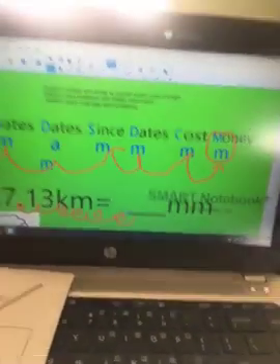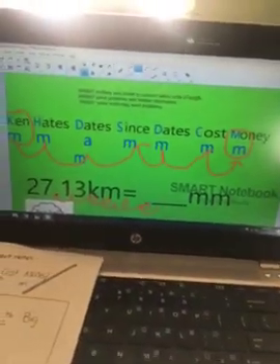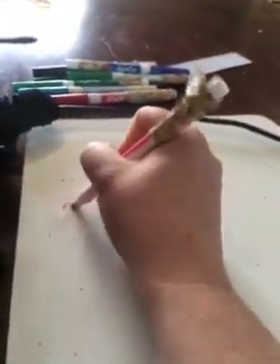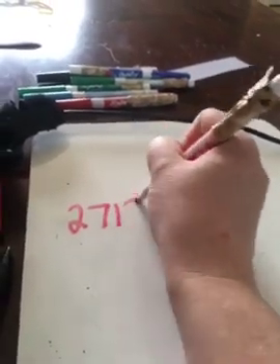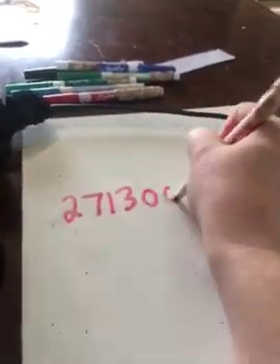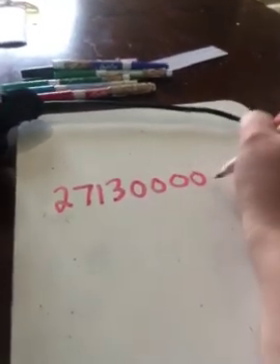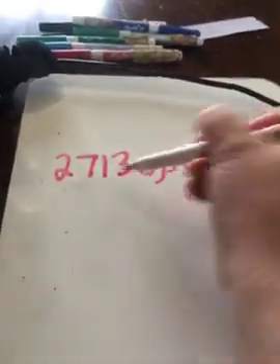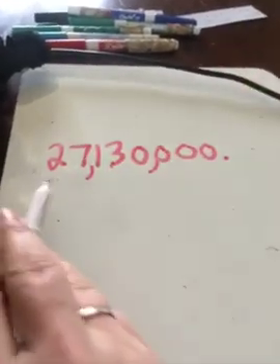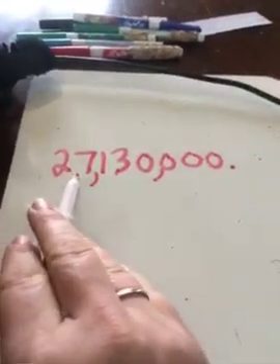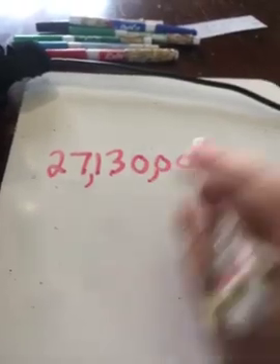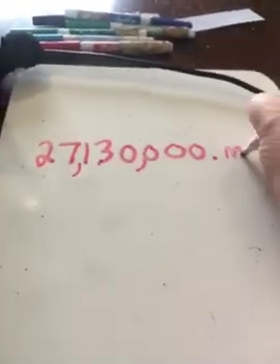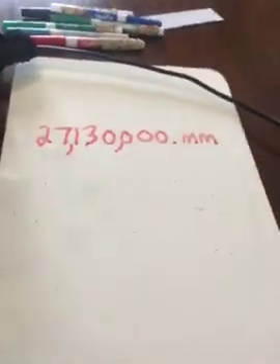So our answer would be a 2, a 7, a 3, and 4 zeros behind it, and the decimal point ends up on the end there. So you have 1, 2, 3, kick, 1, 2, 3, kick. That's actually 27,130,000, and our label is millimeters. So that's our unit of measurement.